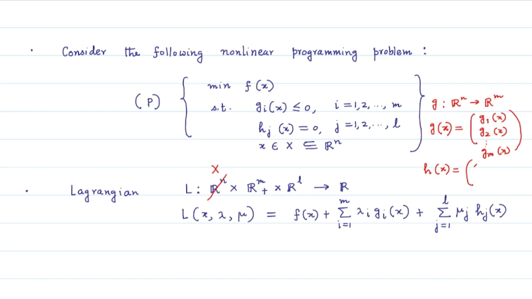So here this h(x) is given by the first component h1(x), the second component h2(x), and the last component is hl(x). Considering these g and h, we notice that this Lagrangian function L can be written in the vectorial form as f(x) plus lambda transpose g(x) plus mu transpose h(x).